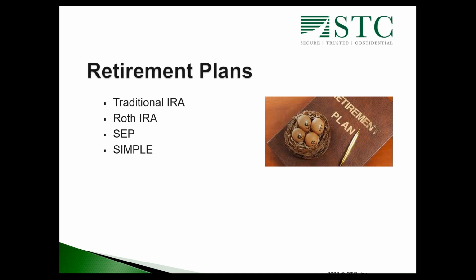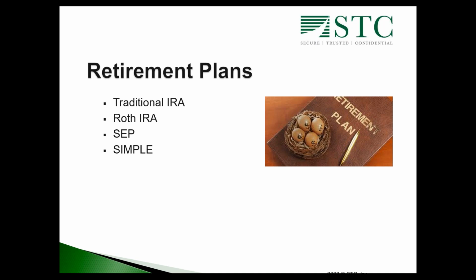The next two, well, I'll go with a SEP. A SEP is a simplified employee pension plan. Contribution amounts have increased for that as well. A SEP is often a plan used by a small business owner, where employee and employer contributions can be made. Sole proprietors can actually have a SEP as well. I have a SEP.